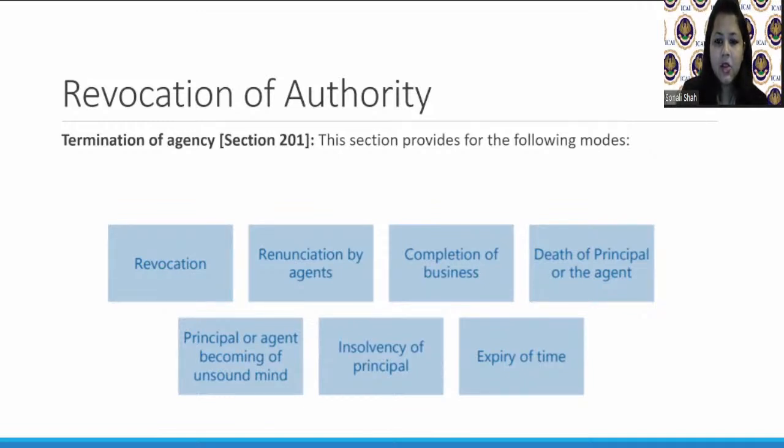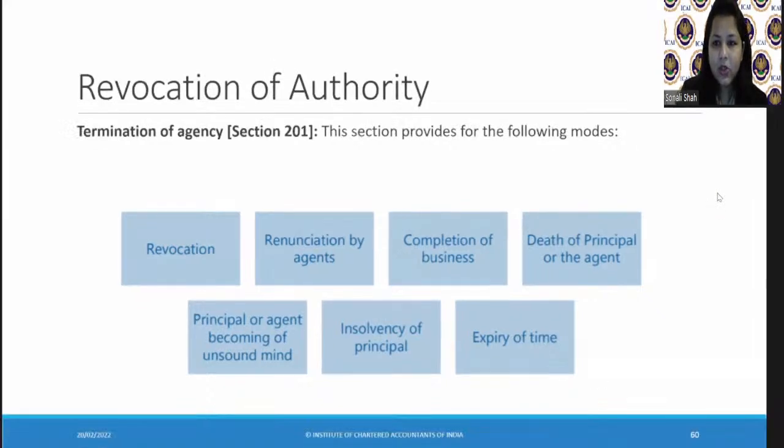Okay. So coming to revocation of authority. We know that a person who is of sound mind and who has attained the age of maturity can duly appoint an agent to do anything which he can do. So what basically does a principal do? He authorizes the agent to do certain things on his behalf, and anything done by the agent is treated to be done by the principal himself.